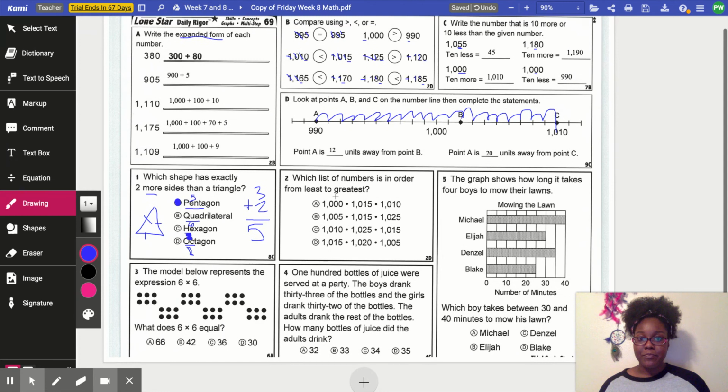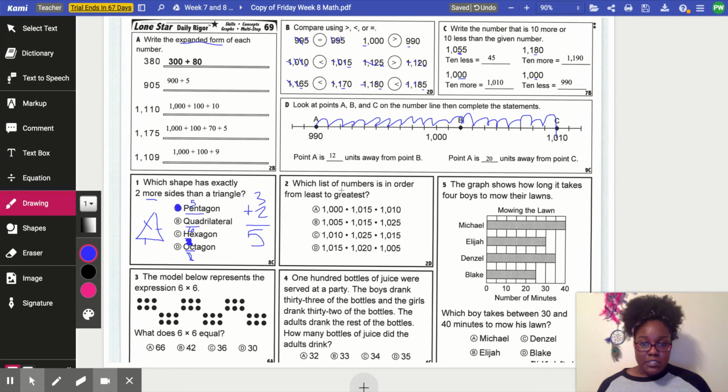All right, number 2. Which list of numbers is in order from least to greatest? Well, least is the smallest and greatest is the largest or the biggest. So this one has 1,000, then 1,015, then 1,010. 1,015 doesn't come before 1,010, so that's wrong.